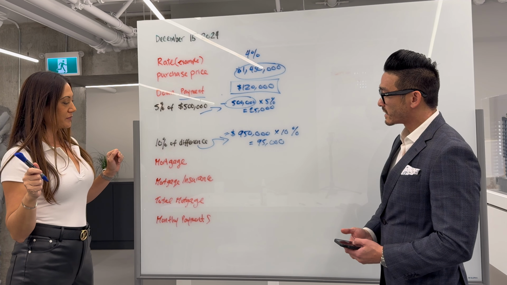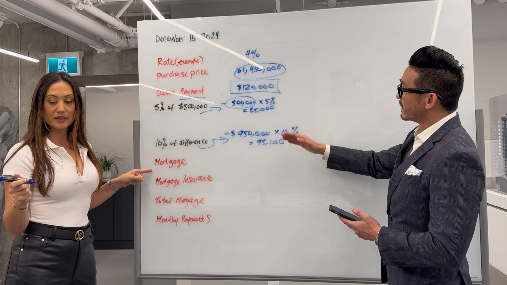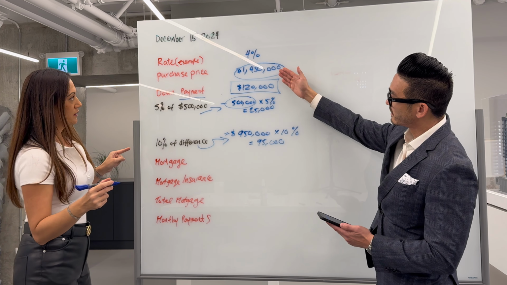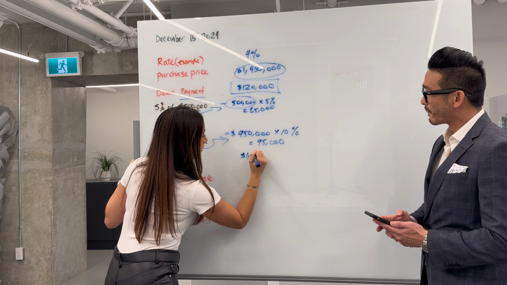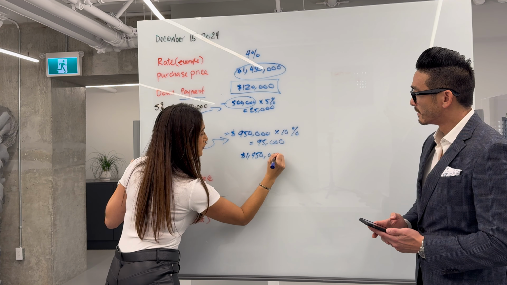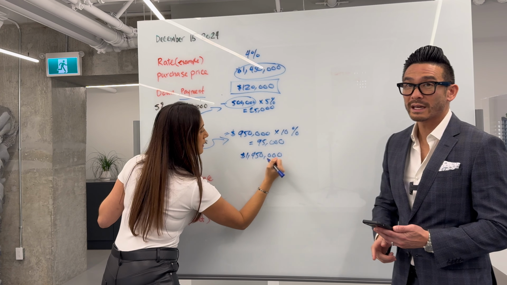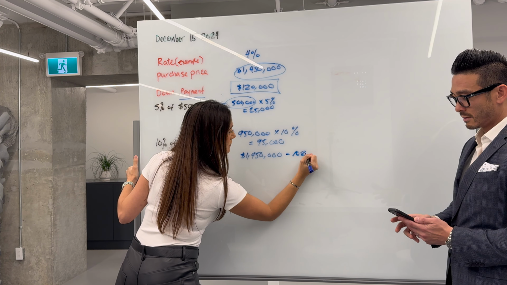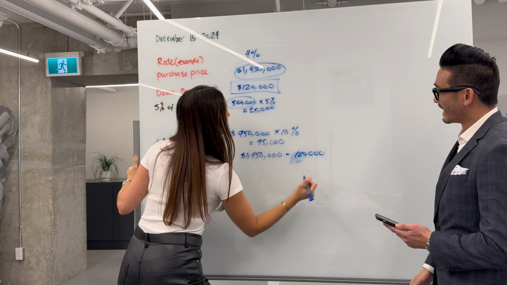Then next we would need to total all that up. So 1.45 million, which is our purchase price, and then we would minus 120,000, because that's the down payment.